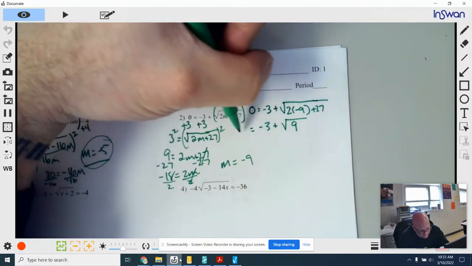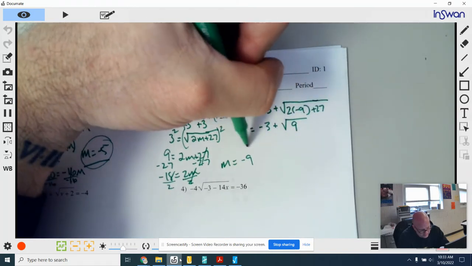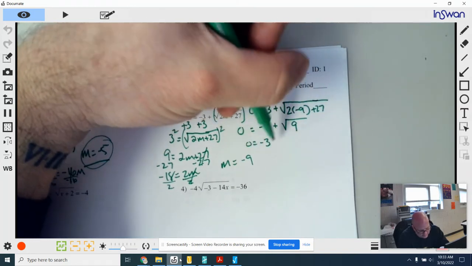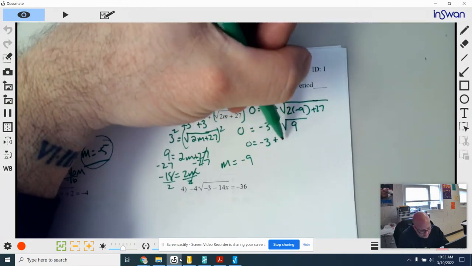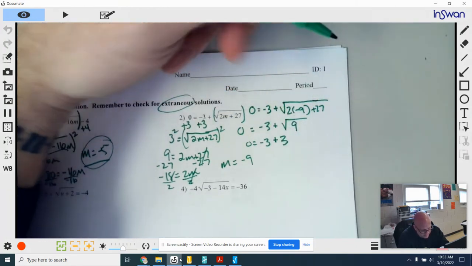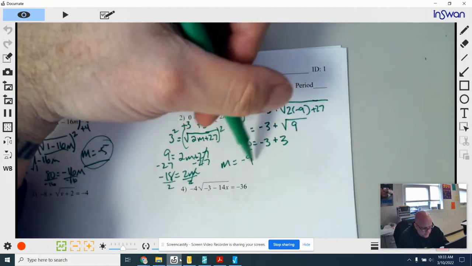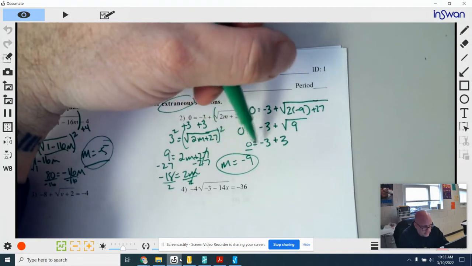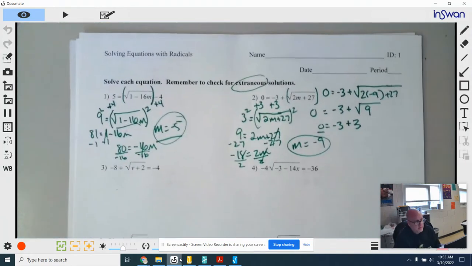So I still have 0 equals negative 3 plus the square root of 9. If I just use the positive one, plus 3. Negative 3 plus 3 does equal 0, so that does work. So when I plug in negative 9, yes, it makes it work. So it's not extraneous. Okay, number 3.